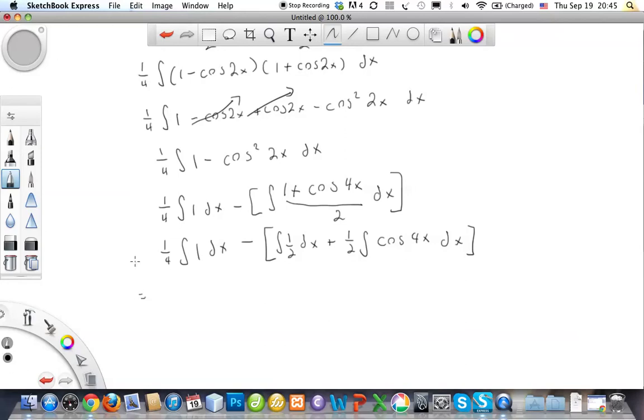Okay, so now to simplify this even further, we're going to have 1 times x, because the integral of 1 dx is just x, minus the integral of 1/2 x. Okay, plus, actually we're going to distribute that minus in there, minus 1/2 times the cosine of 4x. We integrate once, which gives us this.